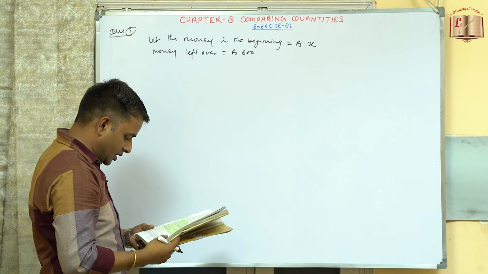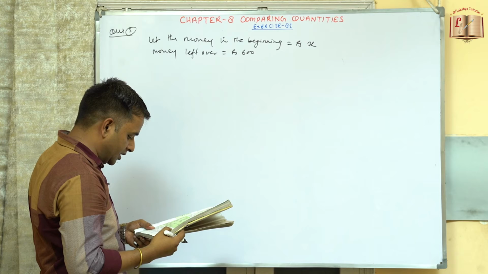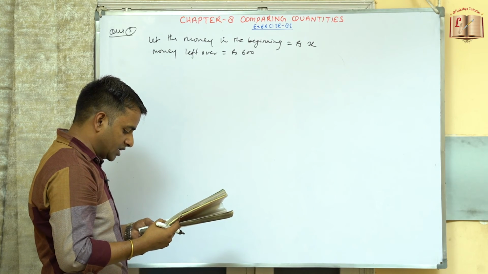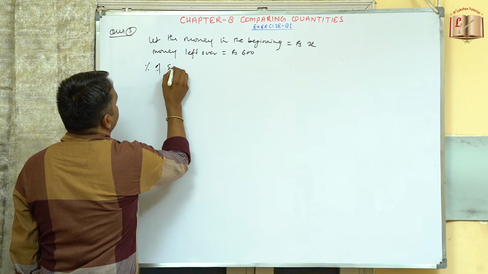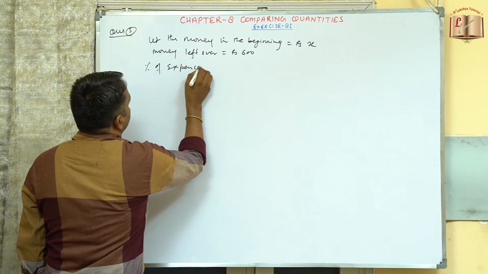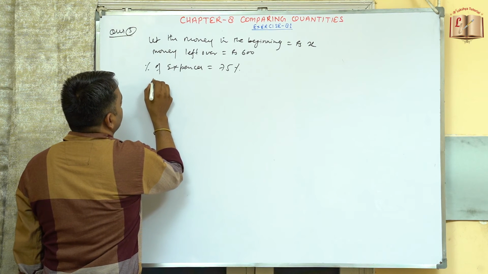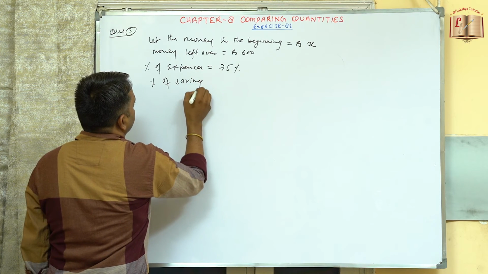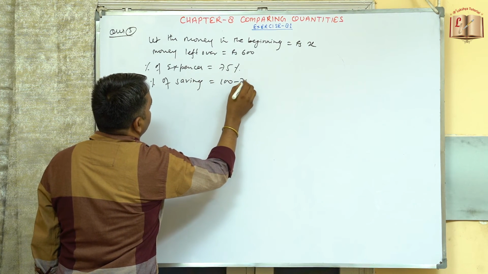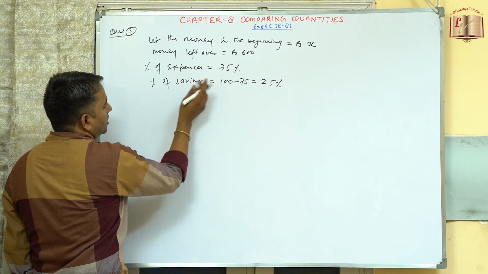Now 75% is spent. So the percentage of expense is 75%. We will find the percentage of saving. So this will be 100 minus 75, so this is 25%.